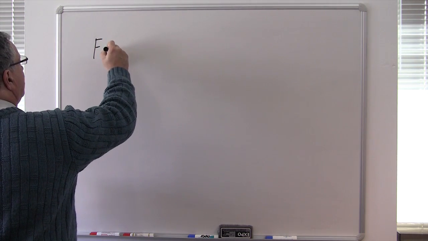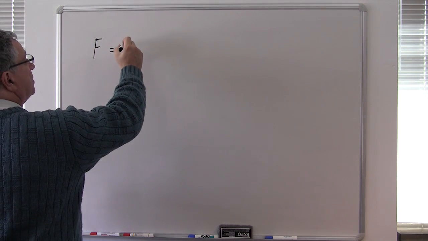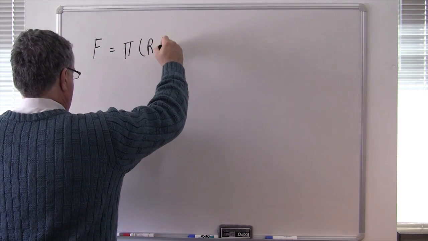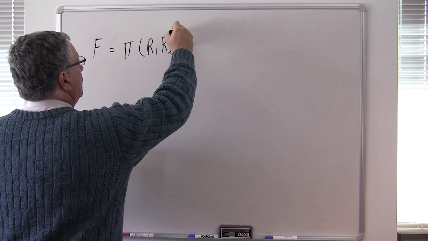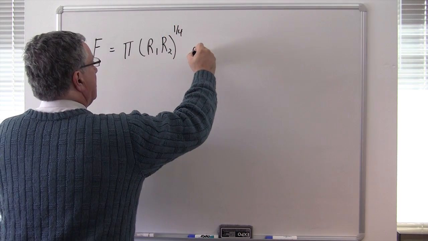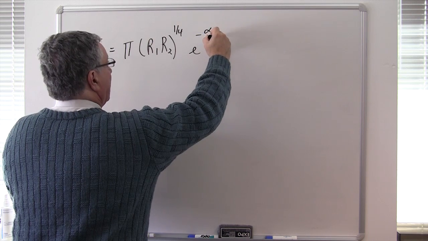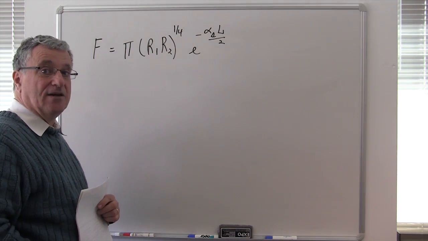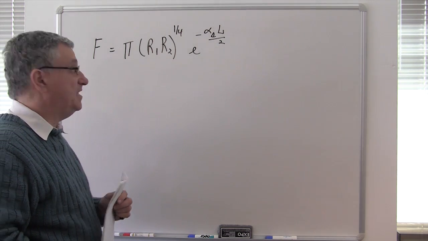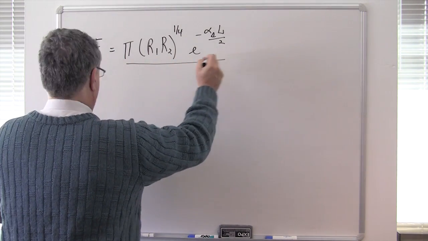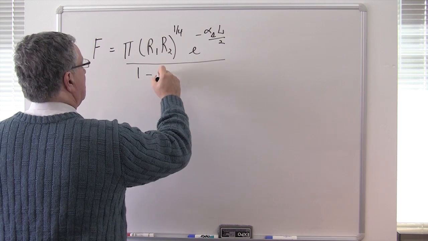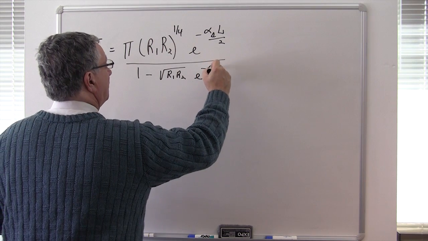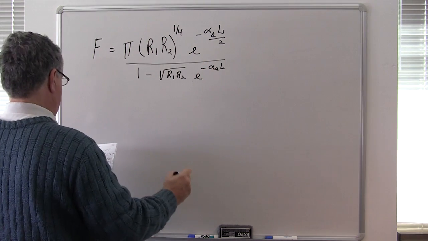We've seen that F, the finesse of a cavity in the presence of losses, can be written as pi (R1 R2)^(1/4) e^(-alpha_s L/2), where alpha_s is the background absorption in the cavity, the whole thing divided by 1 minus the square root of R1 R2 e^(-alpha_s L).